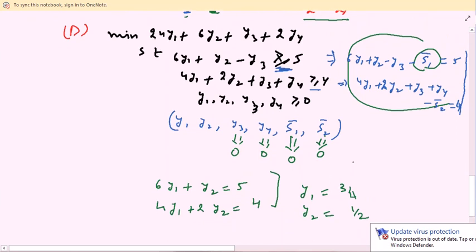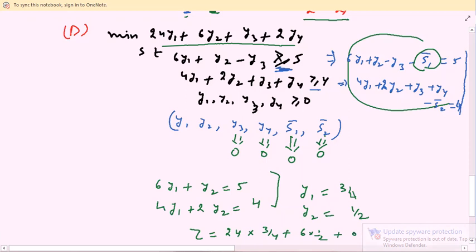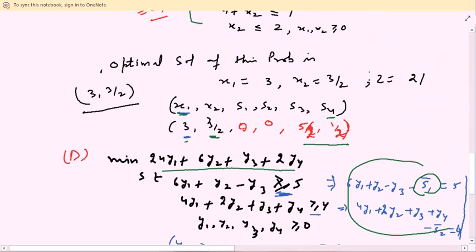Putting the values in this objective function, the z value comes out to be 24 into 3 by 4 plus 6 into 1 by 2 plus 0, 0, because all other terms are 0 here. So this is 18 plus 3, which is 21, exactly the same as the optimal value of the primal problem.